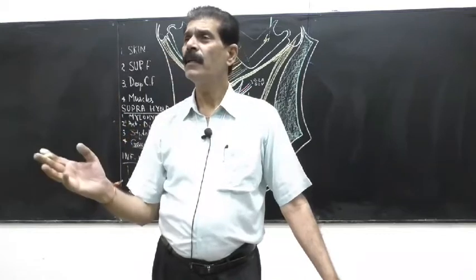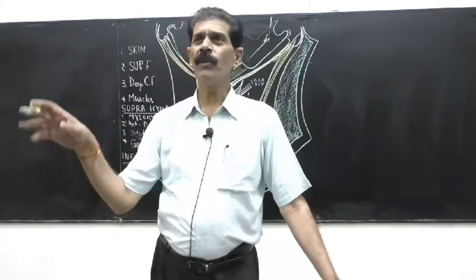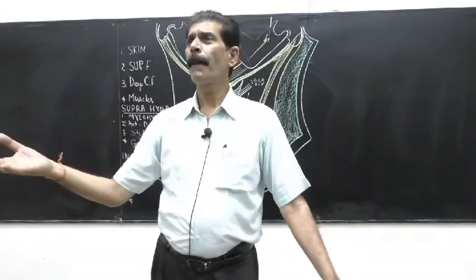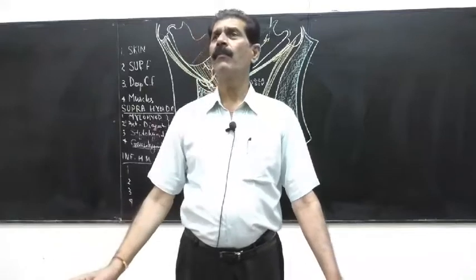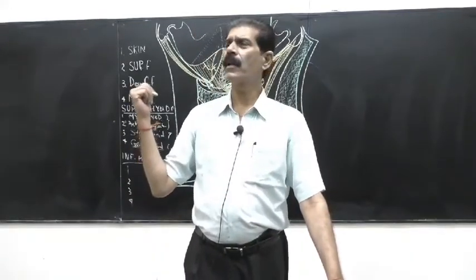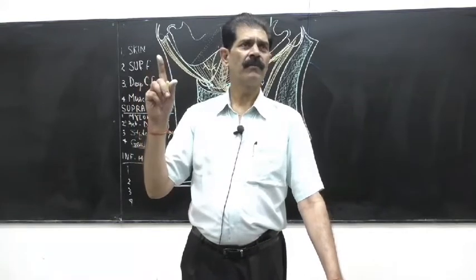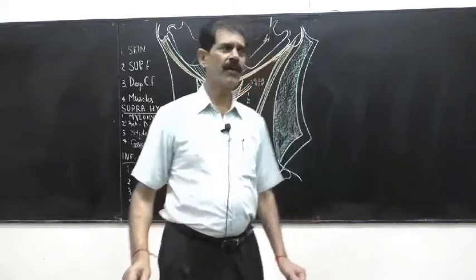Trapezius is supplied by the 11th nerve plus C3 and C4. So both the cranial as well as the spinal nerves from the spinal cord are supplying the muscles of the neck. The first muscle supplied by the first ventral ramus of the C1 nerve from the spinal cord is geniohyoid. So you have to remember that.